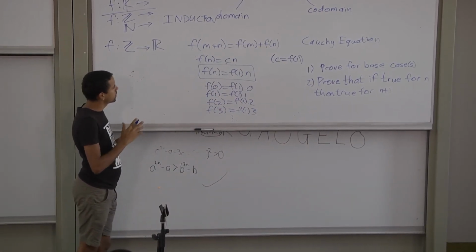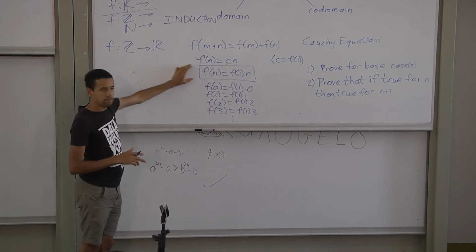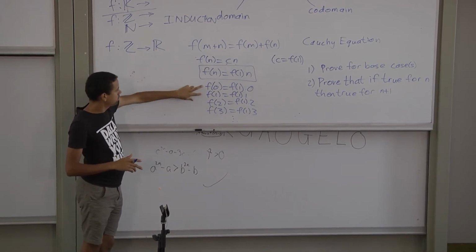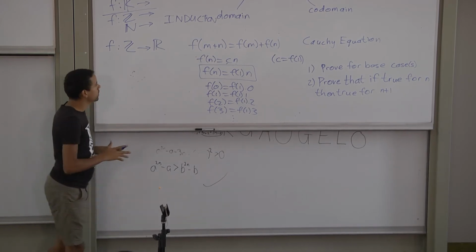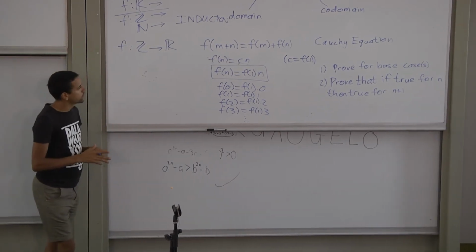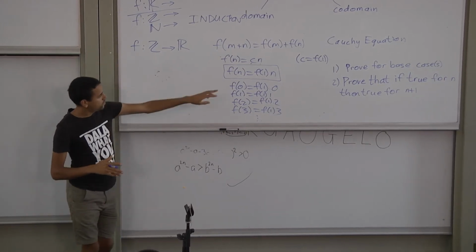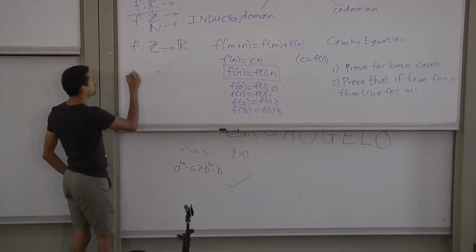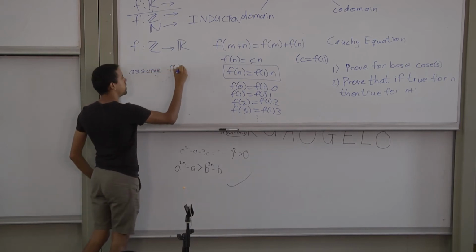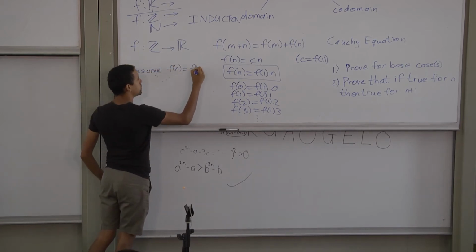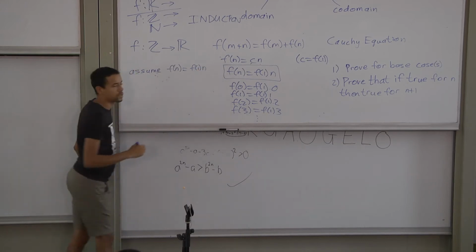Okay, so we're going to prove this by induction. We've proven that it's true when n equals 0 and n equals 1. Now, we're assuming that it's true for some value of n. So we assume that f of n is equal to f of 1 times n.